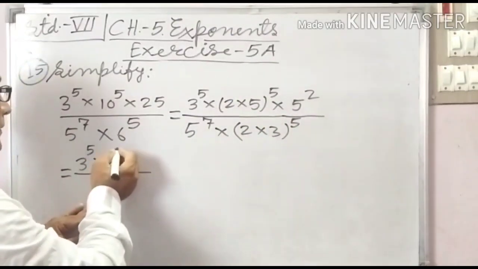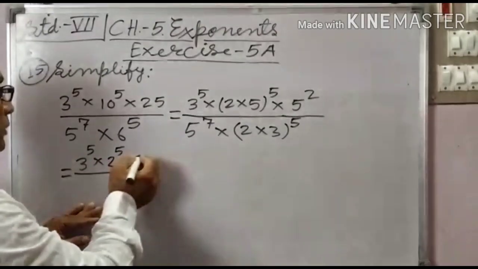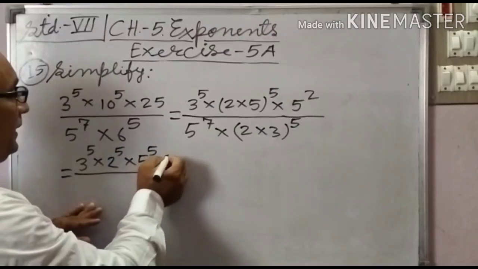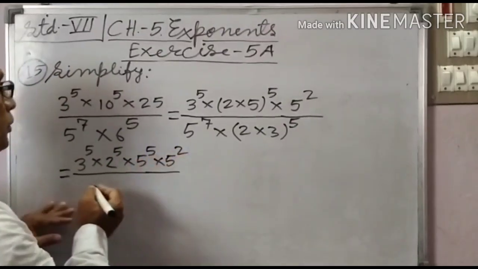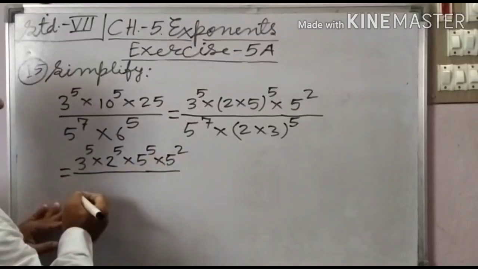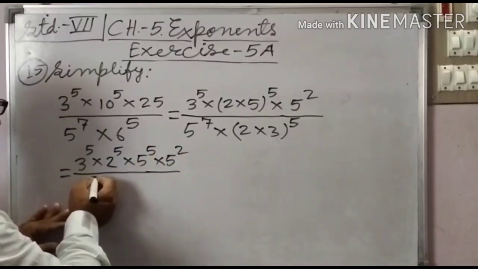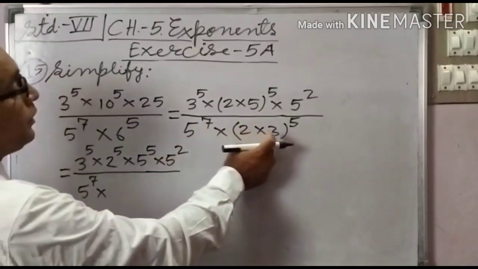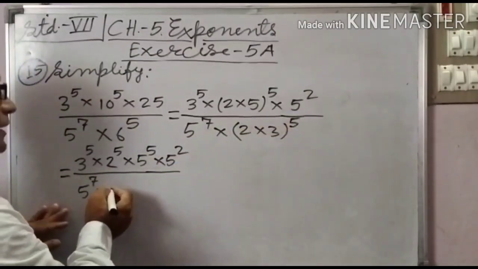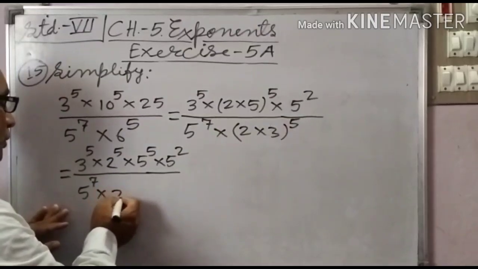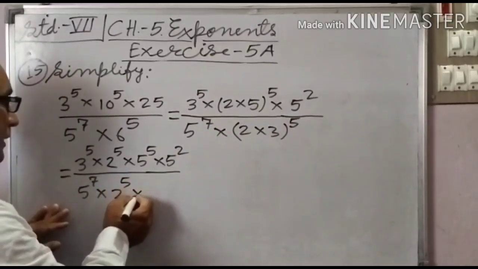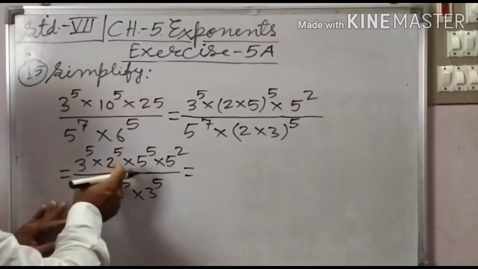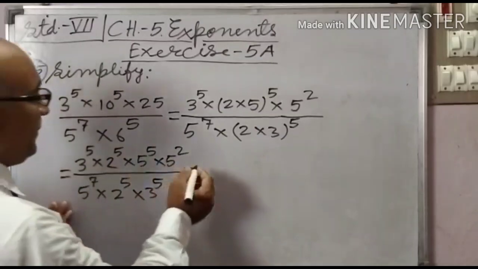So 2 to the power 5 into 5 to the power 5 divided by 5 to the power 2 into 5 to the power 2, divided by 5 to the power 7 into 2 into 3 to the power 5, equals 2 to the power 5 into 3 to the power 5.